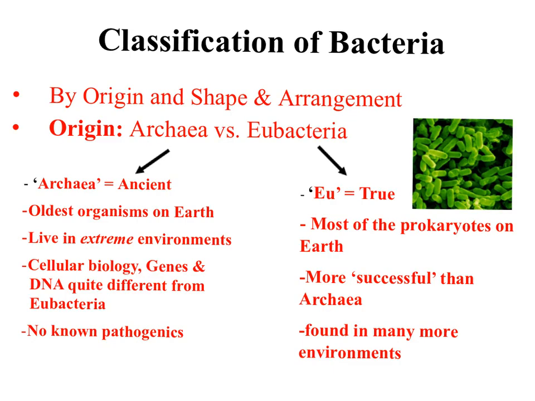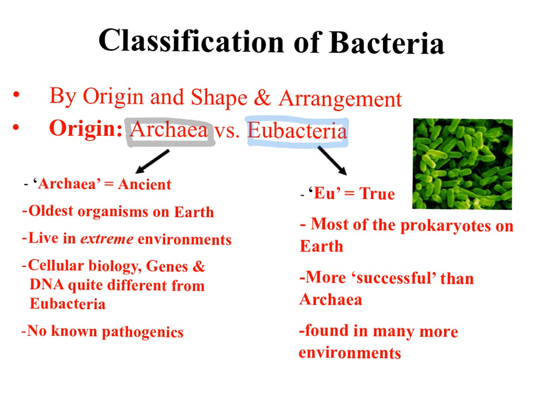Okay, next up we have classification of bacteria. We have discussed this, that there are two types of bacteria. We have archaea over here, and we have eubacteria over here. And there are some differences, which makes sense because they're in two different kingdoms.